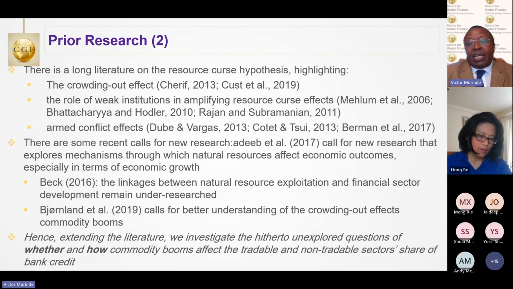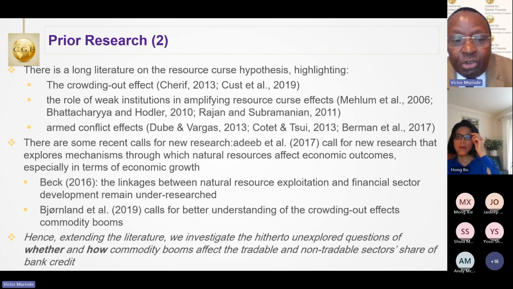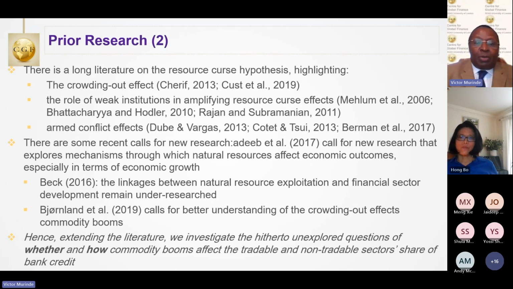Dube and Vargas in 2013, and recent work by Mama in terms of how armed conflicts are sustained by natural resources, with clear causality running from natural resources into armed conflicts, and many examples given in this literature.